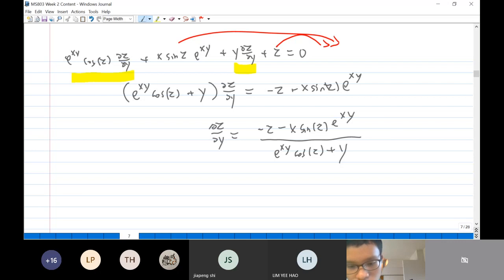Okay, so any issue with this one? Normally during an exam, they'll ask you to simplify. So what do you do? Actually you cannot simplify anything here, I don't think anything can be simplified.